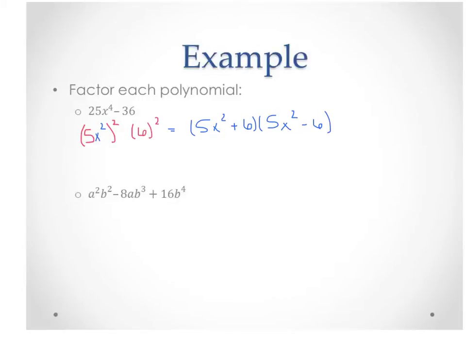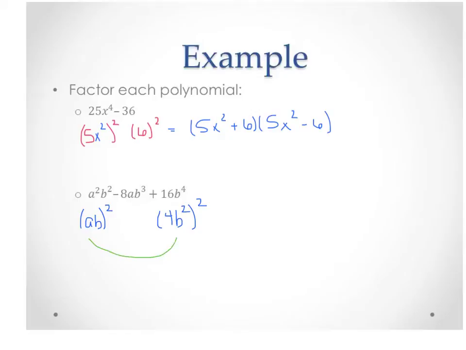Okay, when we look at the second one here, now it's a trinomial, so you're going to try to factor it into 2 binomials. And you know, this a squared b squared can be a little tricky, but if we look at it, now this is AB that's being squared, and this is 4B squared that's being squared. And so if the first term and the last term are both something squared, what you need to try to do is see if it's a perfect square trinomial.